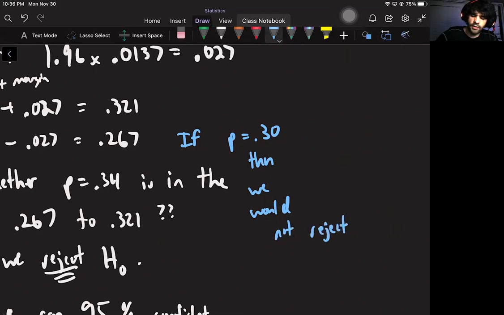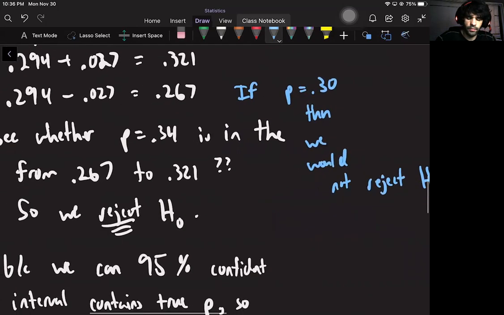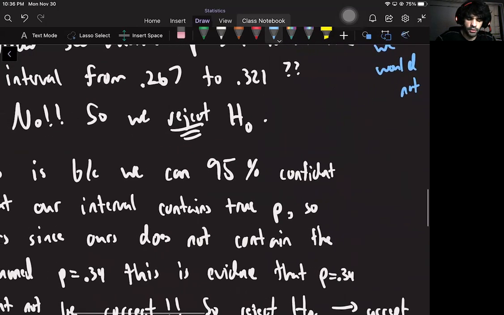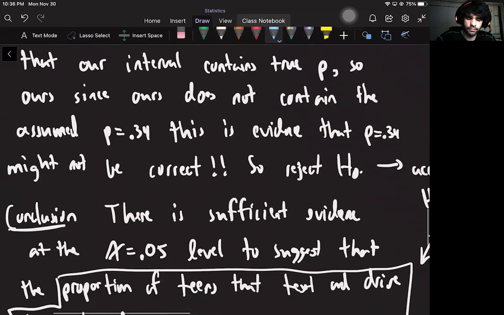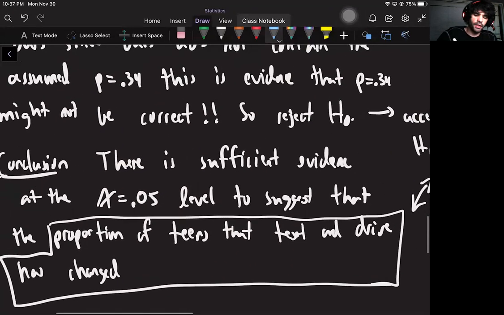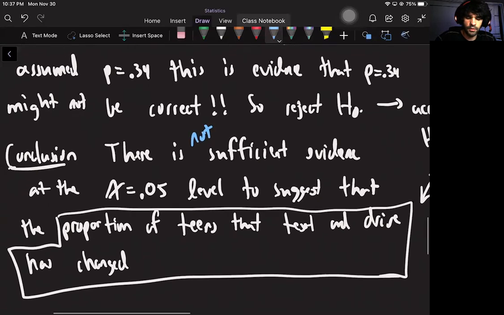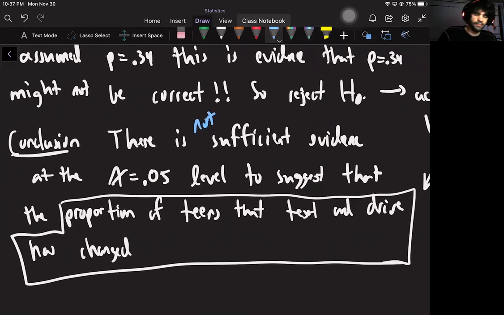Remember, you don't accept the null hypothesis. You just don't reject it. How would that change your answers here? You would just say there is not sufficient evidence to do this. And that's it.